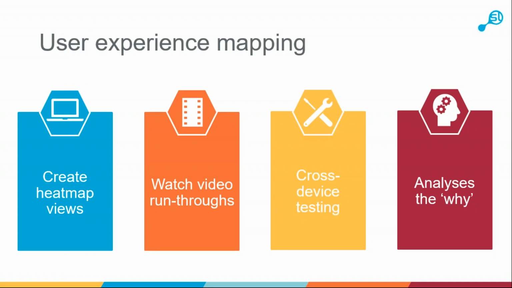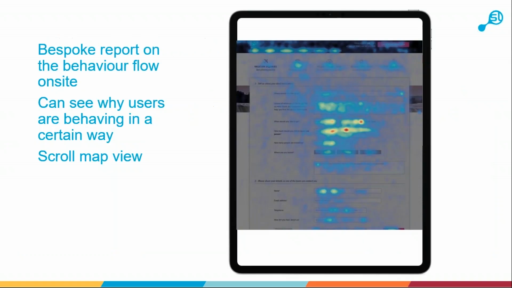So if you know that a CTA isn't being clicked, and you think of changing the messaging within it or the color of the call to action, it might actually be through using behavior tools like Hotjar. You'll actually see that people never scroll down to that part of the page in the first place. So actually the problems are at the top of the fold, and they're the ones that you need to address first.